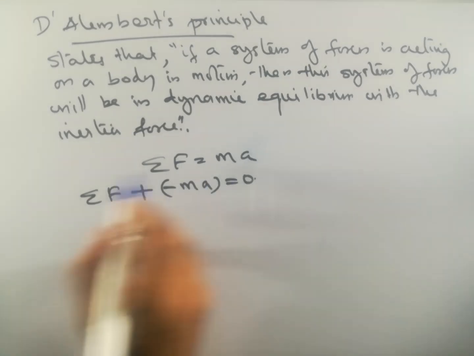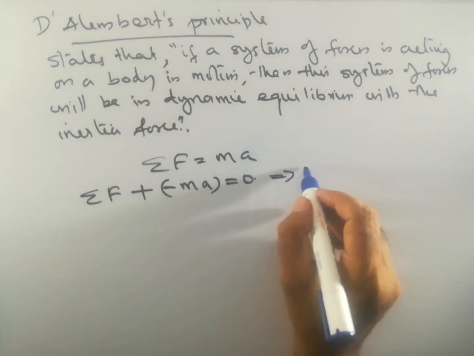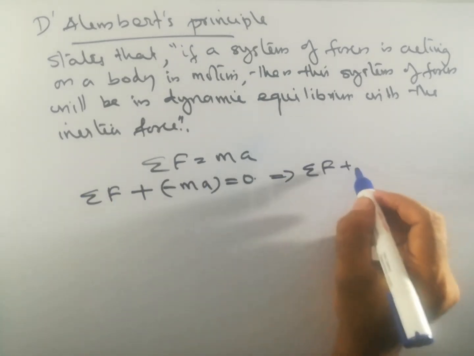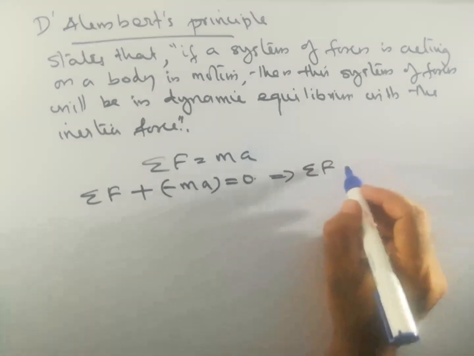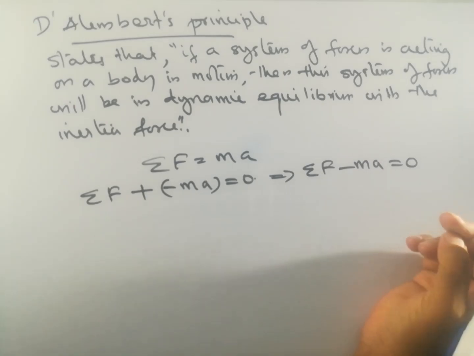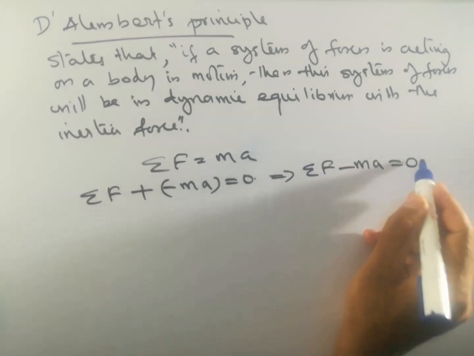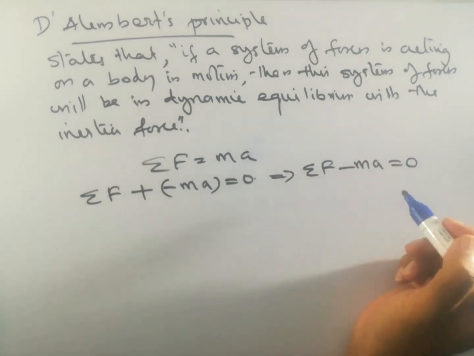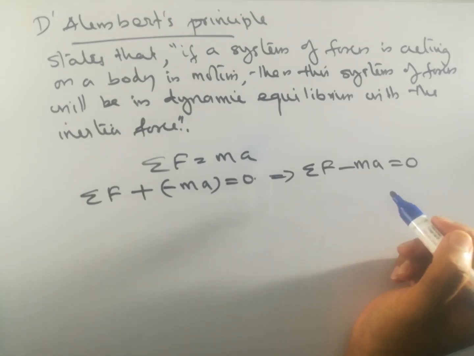And look at this equation. So this will be sigma F minus ma equal to 0.